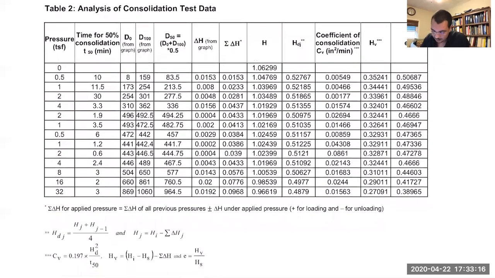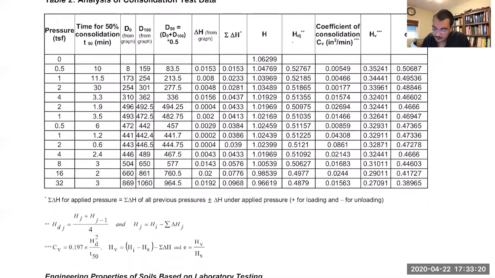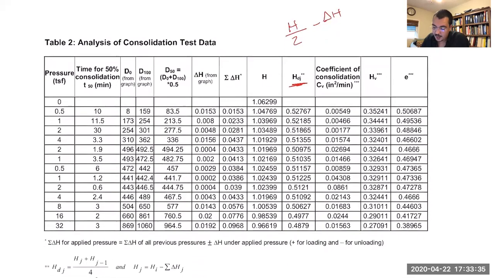H, so the height of the solids, and this is the drainage height. And remember, we said that the drainage height is going to be the total height divided by 2, because we have two-way drainage, minus whatever deformation we have. And from that, you can calculate C sub V. And that's the coefficient of consolidation.